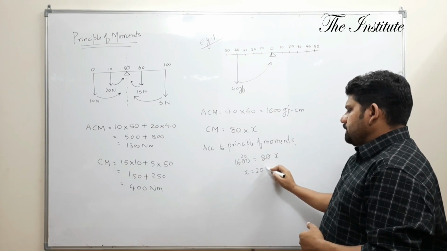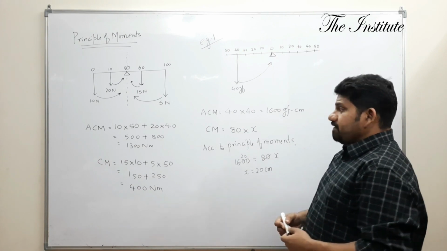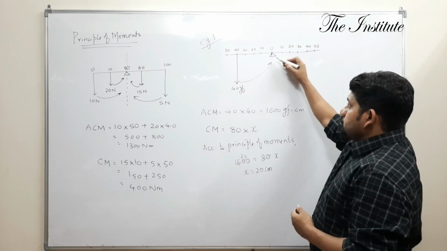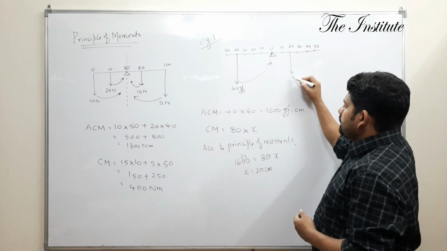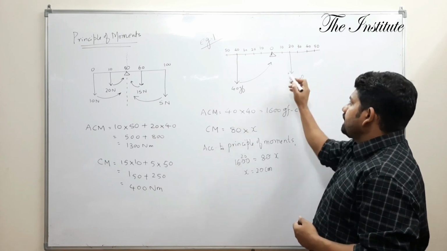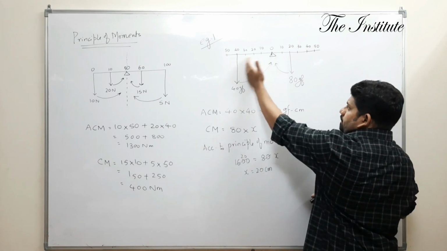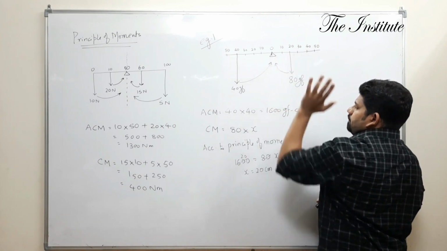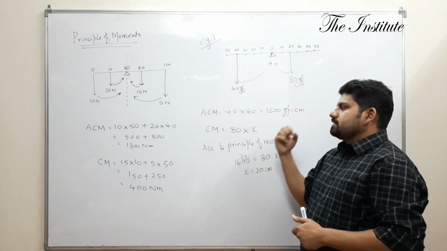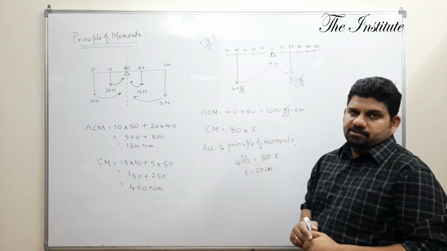So we can see that X comes out to be 20 centimeter, but obviously you want it clockwise, so it needs to be on this side. So from here 20 centimeter, if we put our 80 gram force, you can see 1600 anti-clockwise and 1600 clockwise moments, they will get balanced. So this is a simple idea of principle of moments.